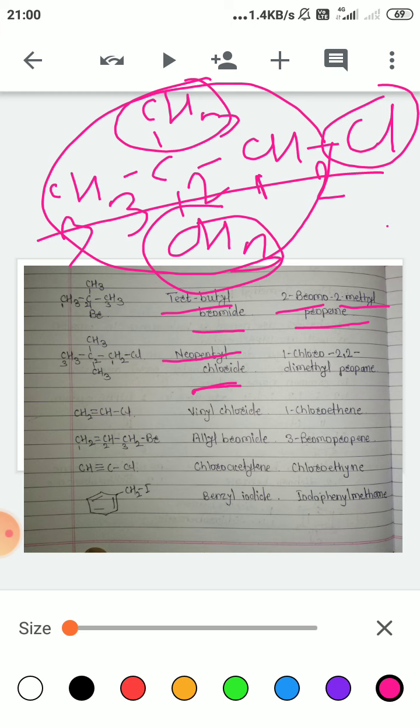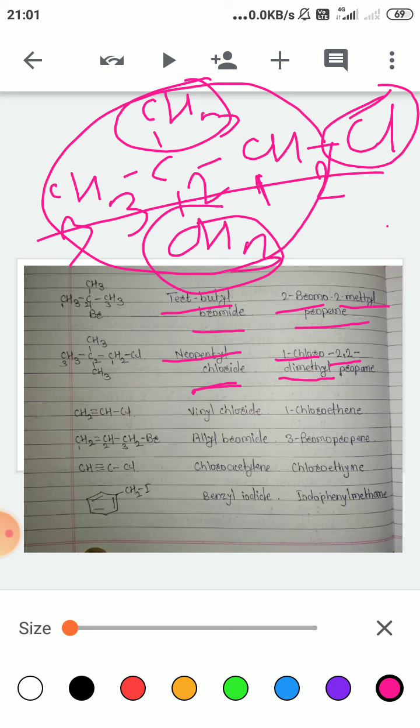See the IUPAC name: 1-chloro, because the chlorine atom is present on the first carbon atom. As there are 2 methyl groups on the second carbon atom, we write 2,2. How many methyl groups are there? 2 methyl groups, therefore dimethyl.